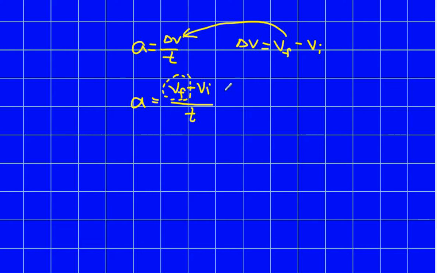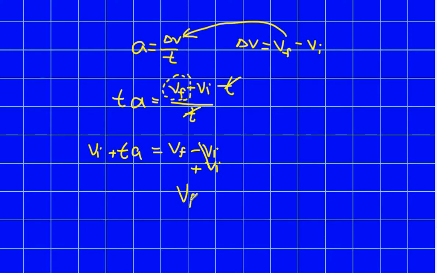So I'm going to first multiply both sides by T by cross multiplying. So I multiply this side by T, then I multiply that side by T, then my T's cancel out over here. So I have T times A equals Vf minus Vi. Then I'm going to add my Vi, and so these cancel out over here.